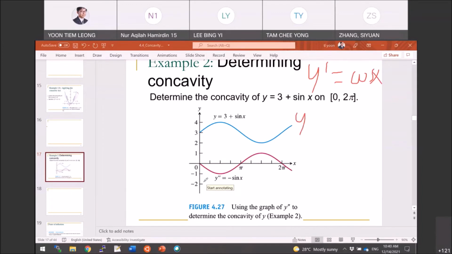Then y prime prime is the derivative of cos x, which is just minus sine x. Okay, so we see that y prime prime is a function of negative sine x.